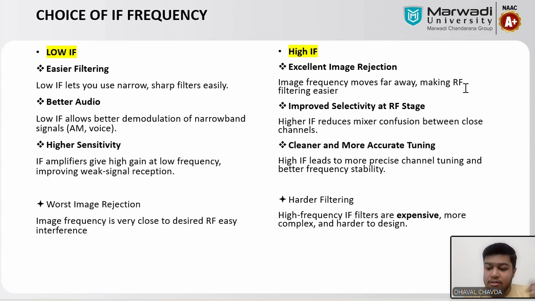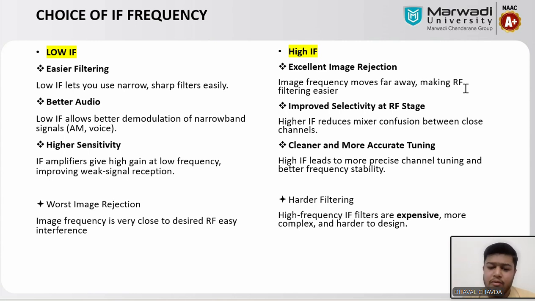Higher IF reduces mixer confusion. The mixer cannot differentiate by itself whether this frequency is image frequency or intermediate frequency. We need to differentiate so that the mixer can do its work very efficiently. Cleaner and more accurate tuning.